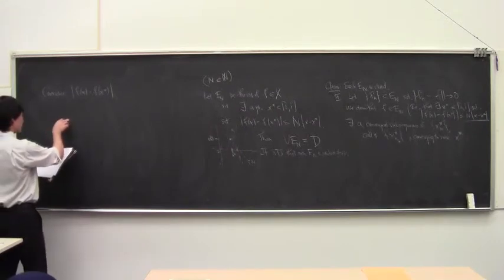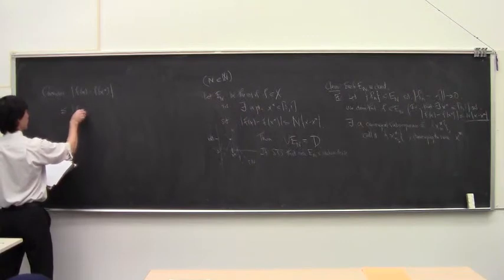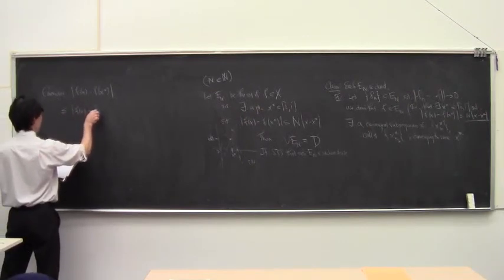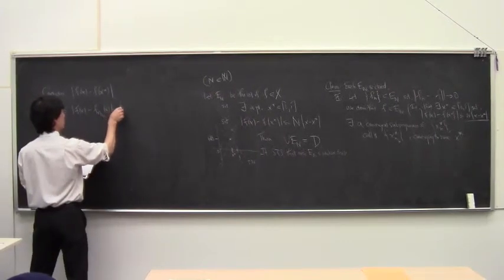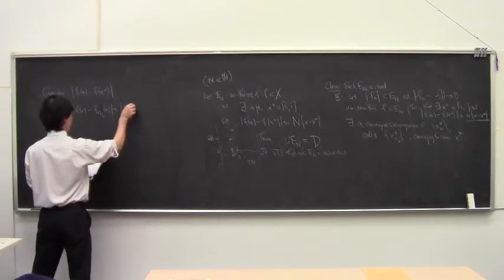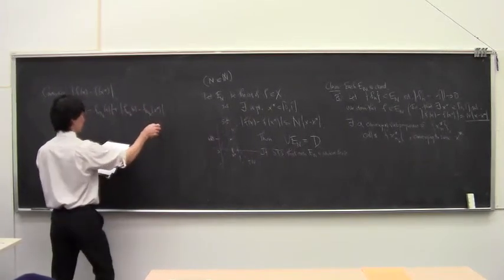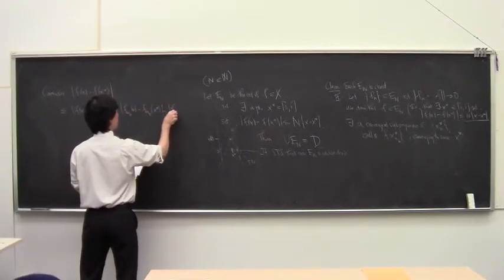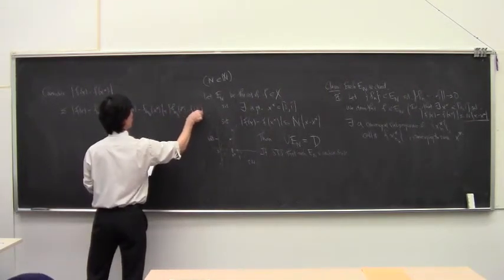So we're going to do the standard triangle inequality again. This is controlled by |f(x) - f_{n_k}(x)| plus |f_{n_k}(x) - f_{n_k}(x star)| plus |f_{n_k}(x star) - f(x star)|.